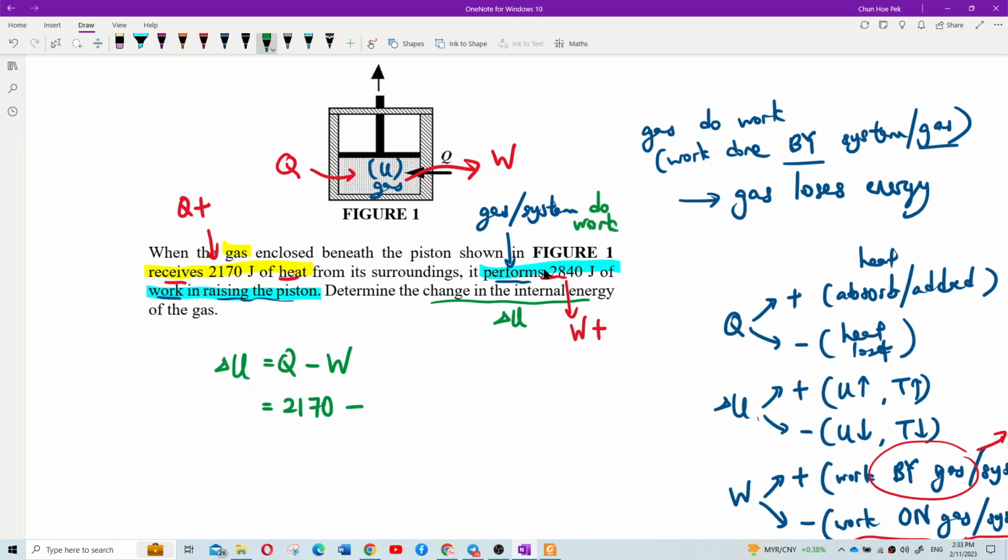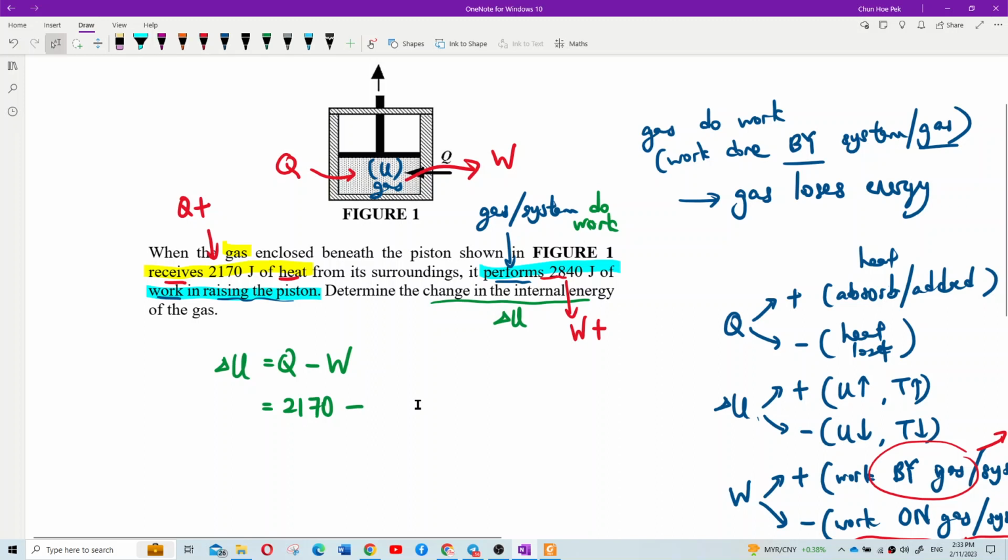Kalau kamu buat kerja, ada positive mark. Kalau kamu tak buat kerja rumah, negative mark. Gas got do work, work done by the gas, so positive.